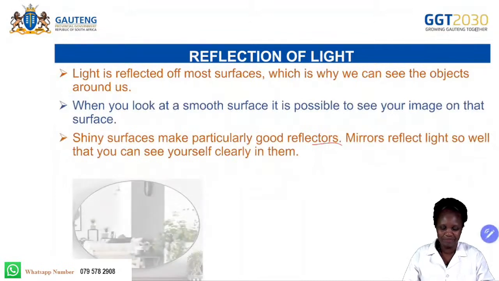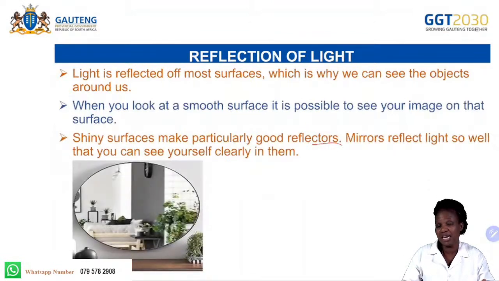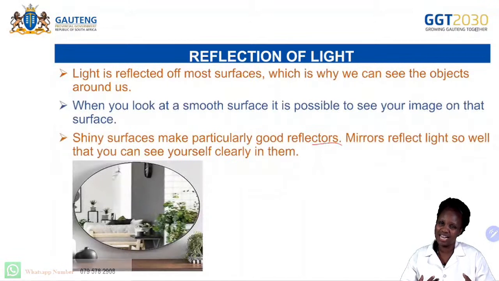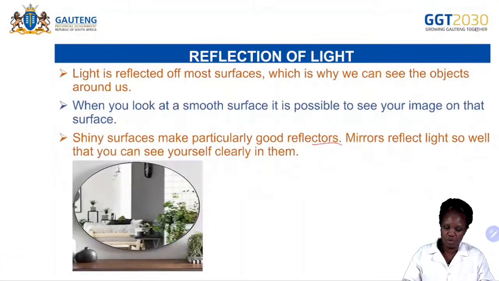For example, we've got a mirror here. It reflects light in a very good way because you can see different items being reflected. You can see green pot plants, couches, different items in the house. That's why we are saying they are very good.